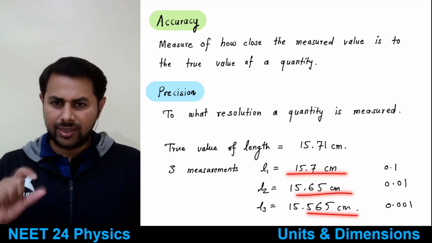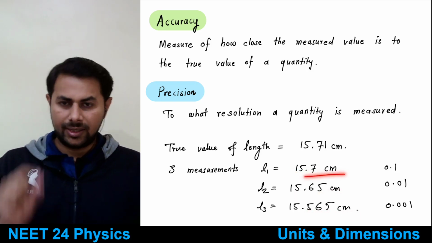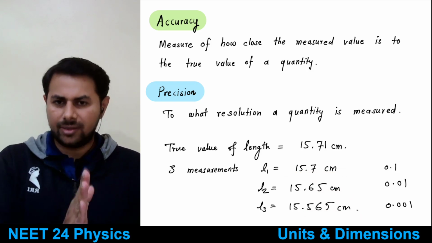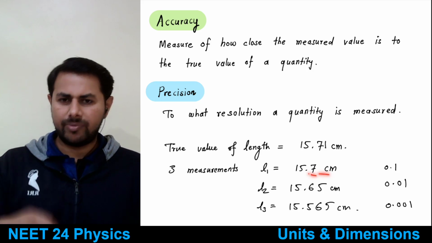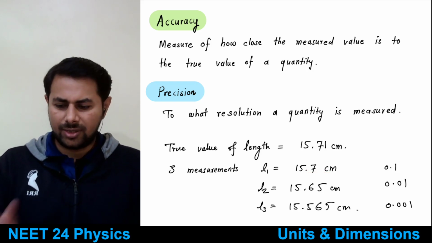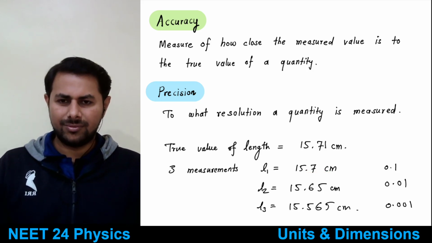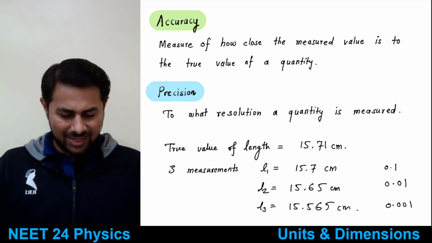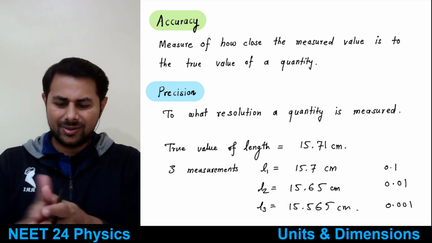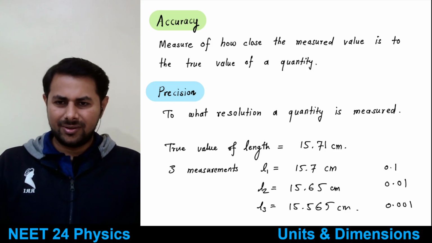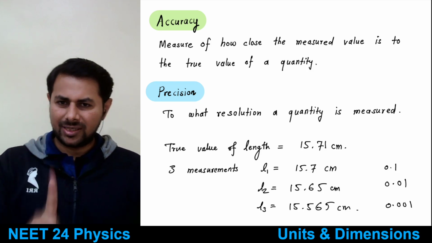See, these instruments are different, they are not the same instrument. The first instrument can take reading up to 0.1 centimeter, that's its minimum reading. Minimum reading is called the least count. That's your normal scale, which has reading in millimeters, 1 millimeter, 2 millimeter, 3 millimeter, and 10 mm is 1 centimeter.